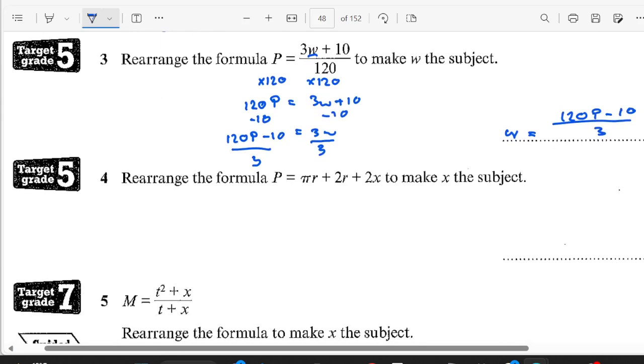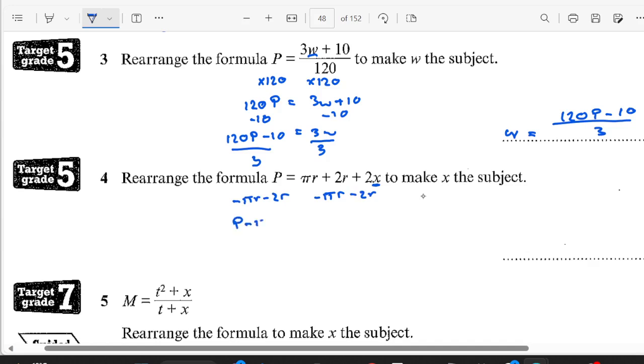Okay, question 4, rearrange the formula to make x the subject, and again x only appears once. So I would actually do this as minus pi r minus 2r from both sides, and if you've done it as 2 separate steps, that's absolutely fine.